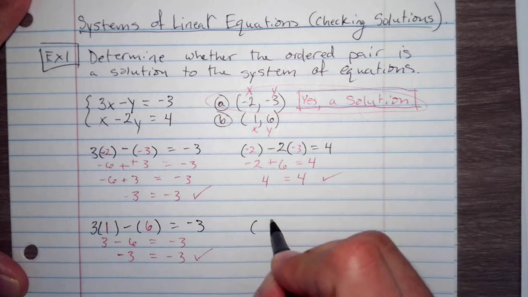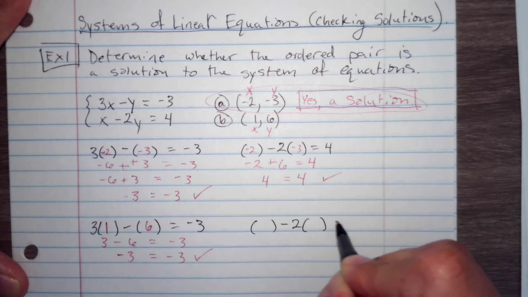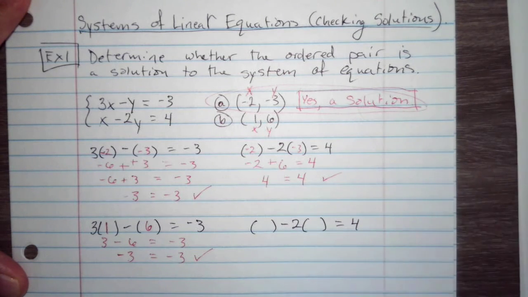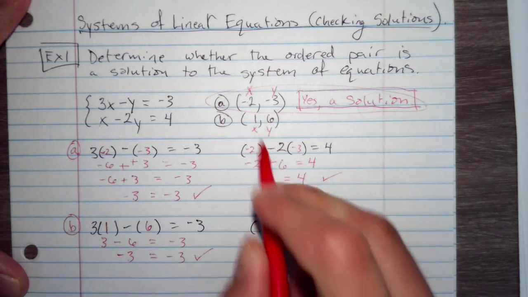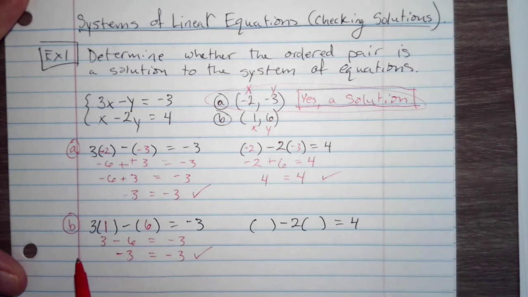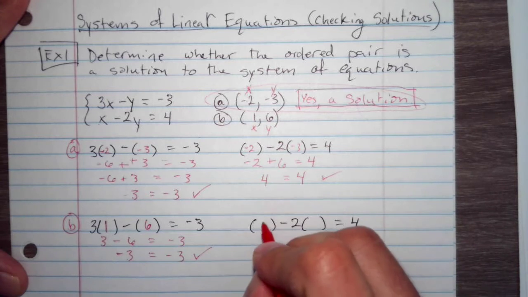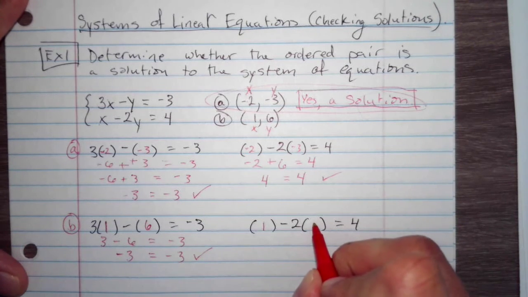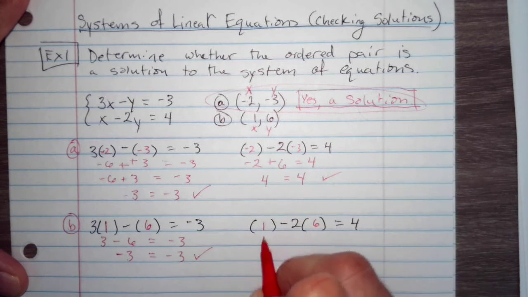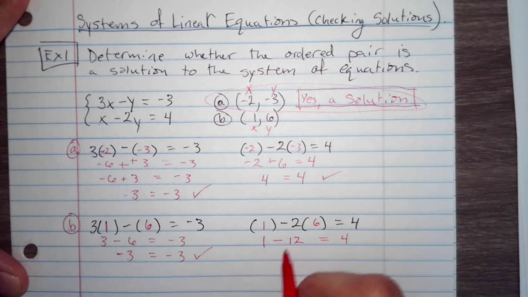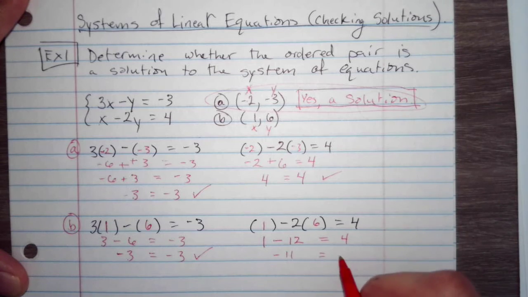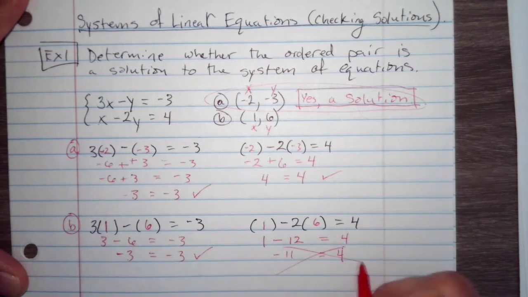So blank minus 2 blank equals 4. This is for part B. I plug in 1 for the x spot, so 1 minus 2 times 6. That would be 1 minus 12 equals 4. 1 minus 12 is negative 11, equals 4. That is not true.